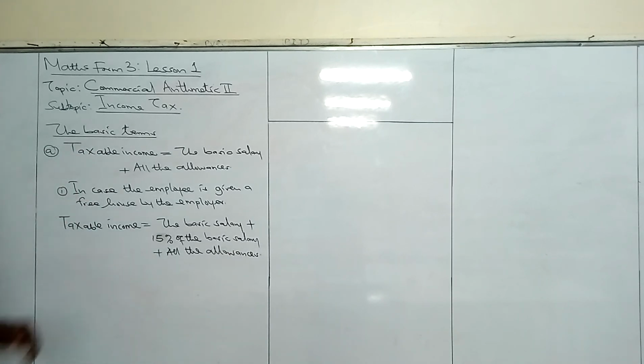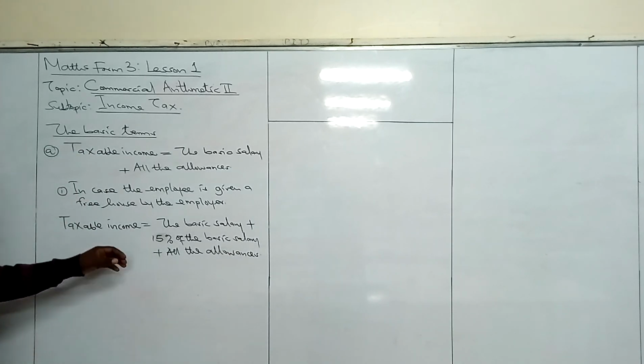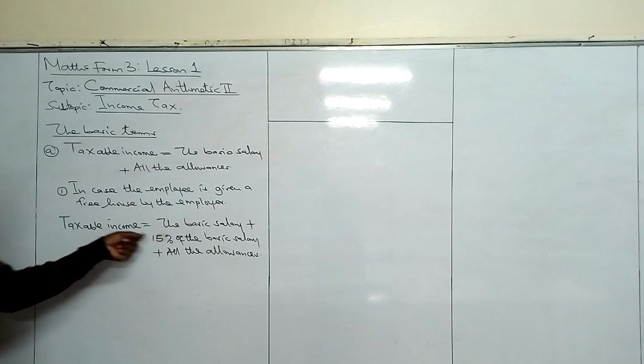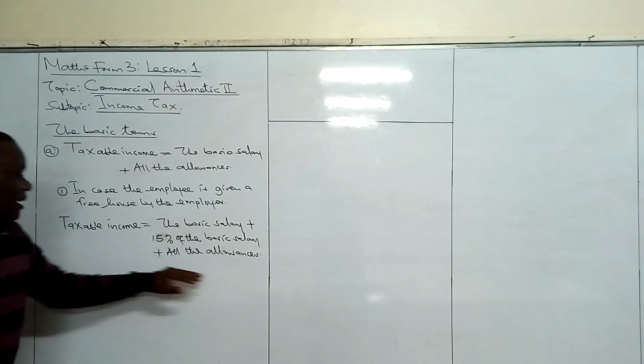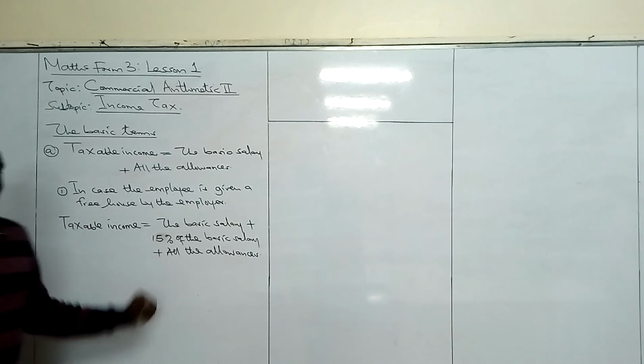You can note the difference. In this case, we are introducing 15% of the basic salary that should be added to the basic salary plus the allowances for us to obtain taxable income.